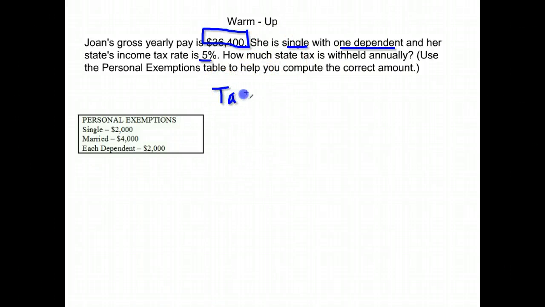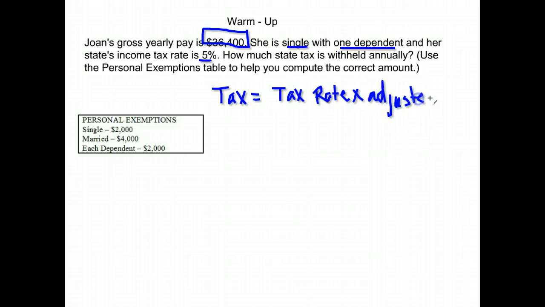Okay, so again, we're using that same formula where your tax that you're paying is you take the tax rate times your adjusted income. And we fill in the information we have. Well, first we have to figure out what her adjusted income is. She earns $36,400, but she's single, so she gets a single exemption, and she has one dependent.